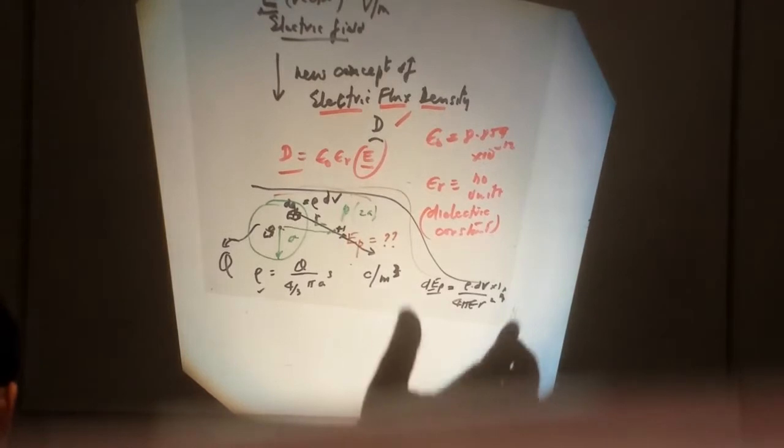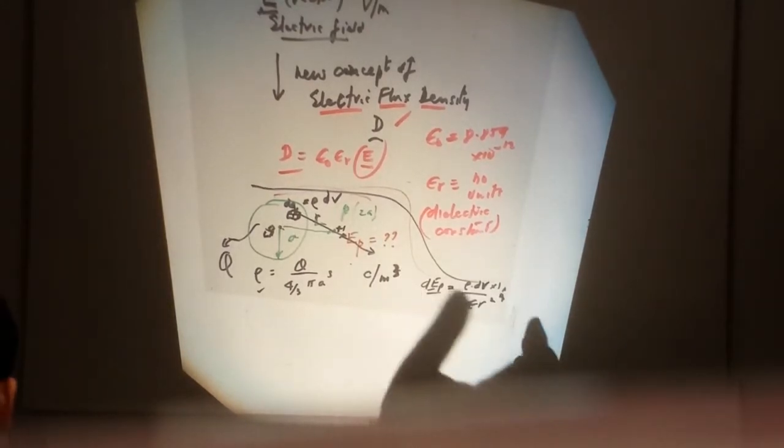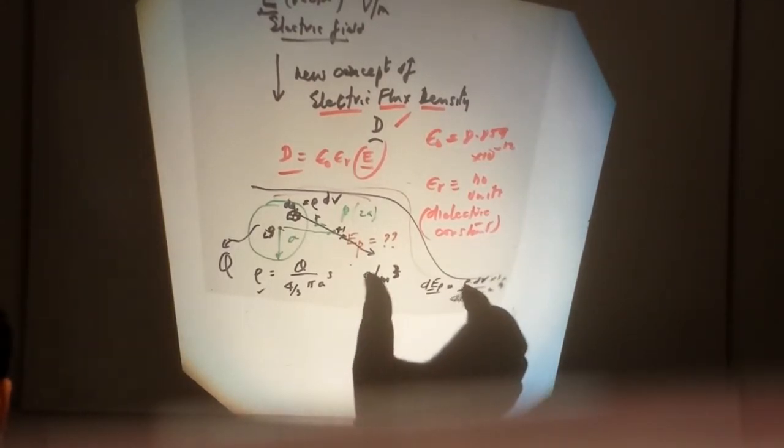Okay. Alright, let's move on. Before we talk about how to solve this kind of problem, let's look at the basic foundation. This idea of flux was introduced by Mr. Michael Faraday, a very famous British scientist, physicist.